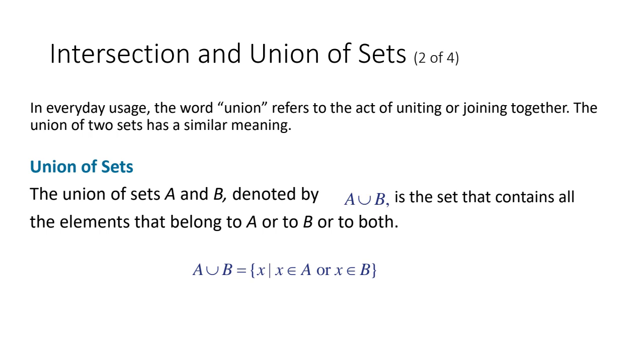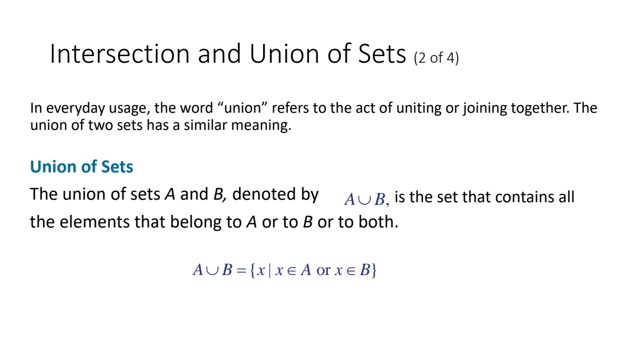So the other operation is the union. It looks like the U, well, actually it looks a little bit different from the universal set. So also don't use the letter U if you're trying to type the union. You should be using the specific symbol, which you can find on WebAssign.